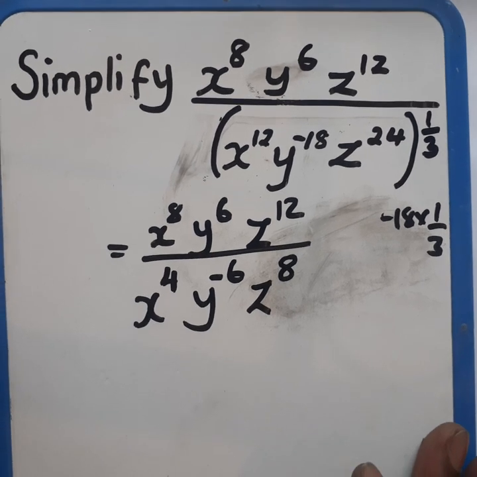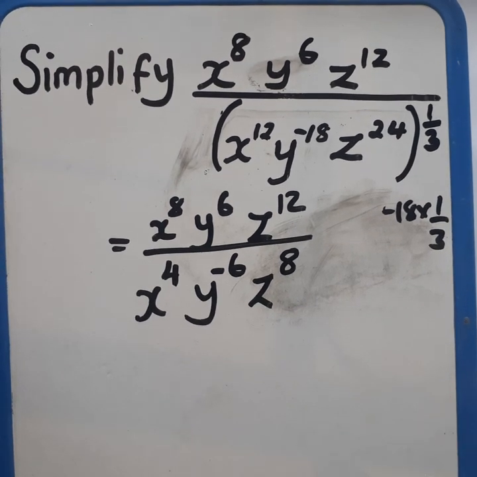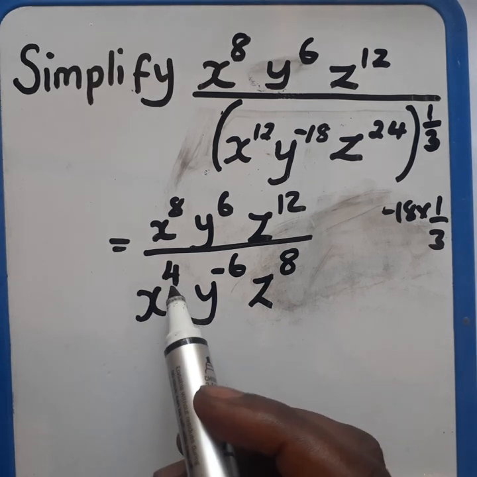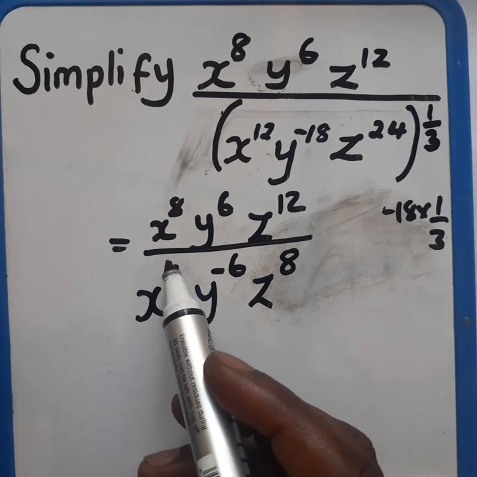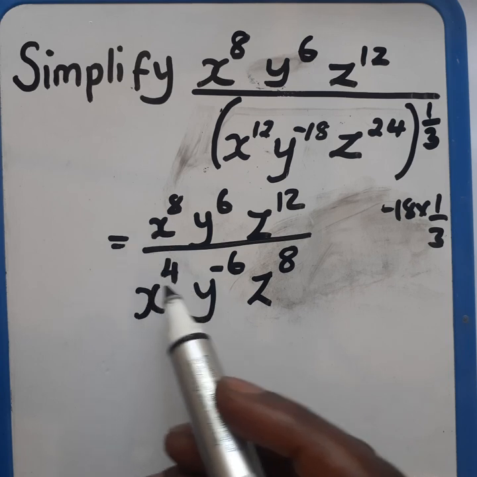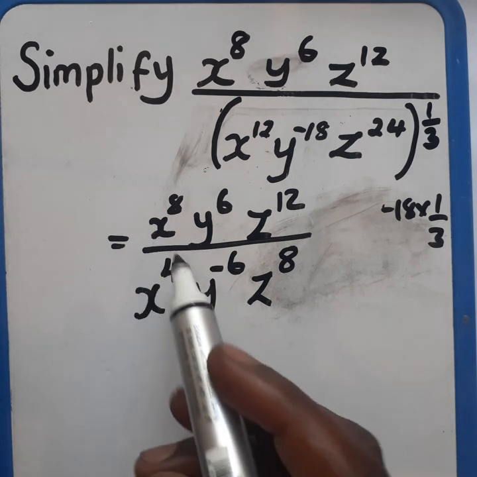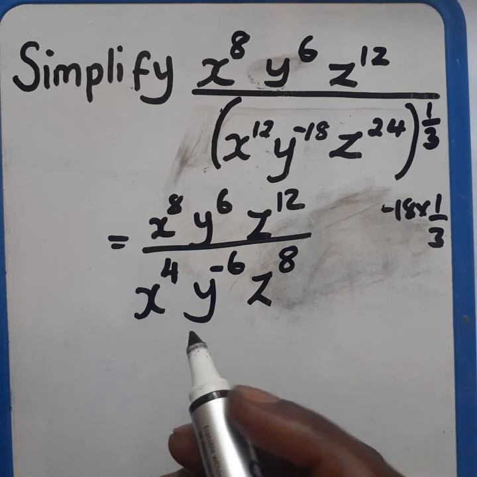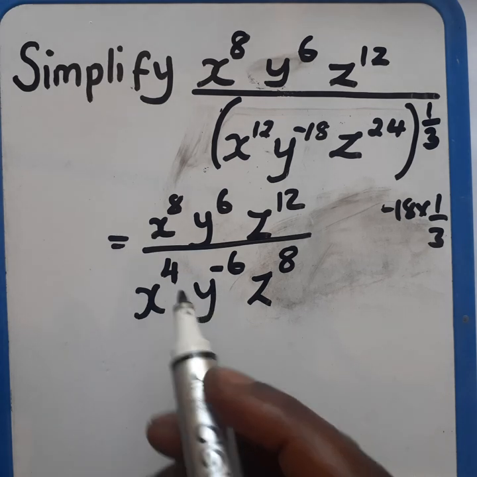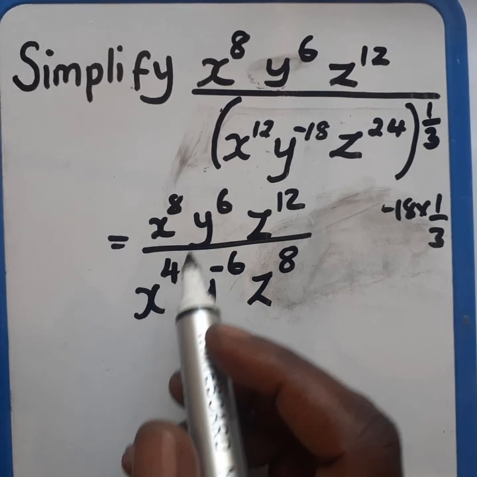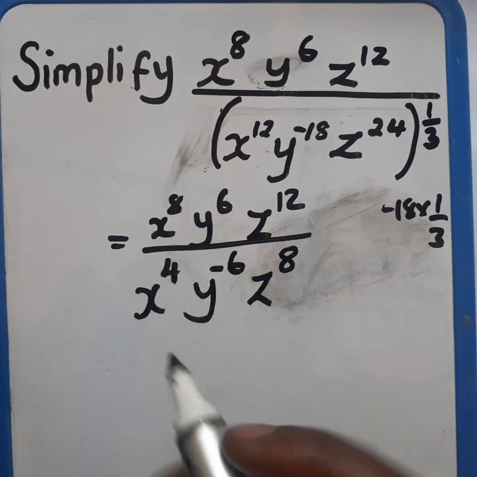Are we there? Now, I'm sure you remember that when we are dividing powers of the same base, what are we supposed to do? What we are supposed to do is to subtract the indices.